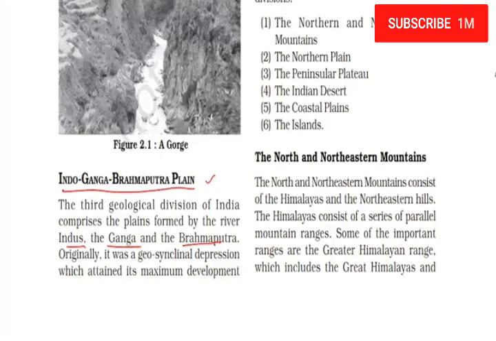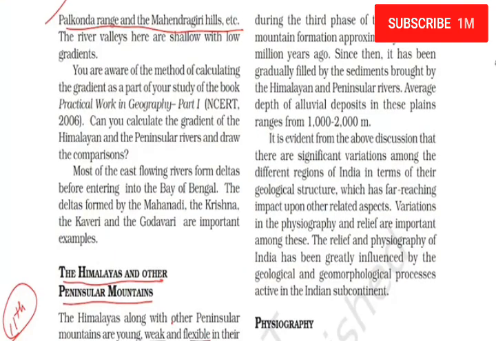And we have also read that the plain level, it doesn't increase but it is almost flat throughout. Because it is flat, rivers whenever they go, they meander in this region. Since then it has been gradually filled by sediments brought by Himalayan and peninsular rivers, and the depth would be 1000 to 2000 meters.